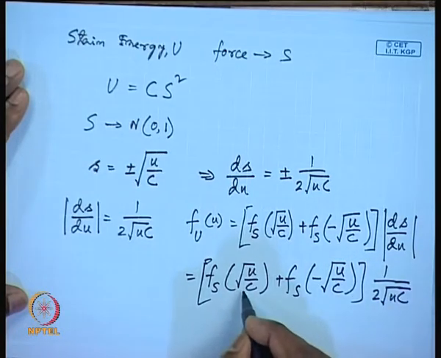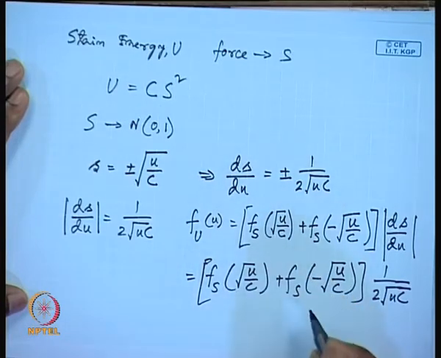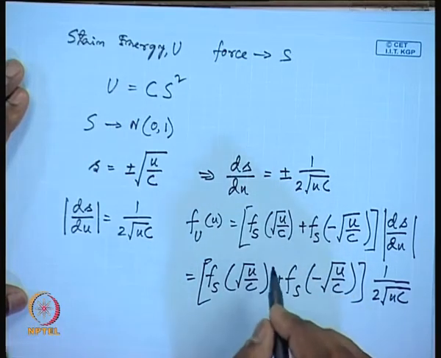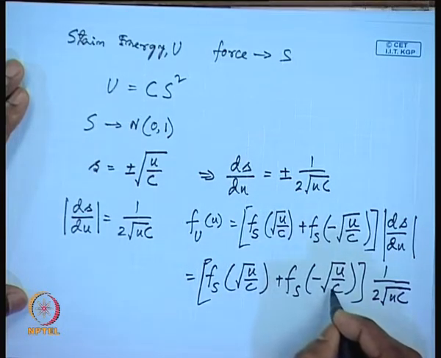Now, we can put in the standard normal density, that is 1 by square root of 2 pi, exponential power minus half of the square of the value.